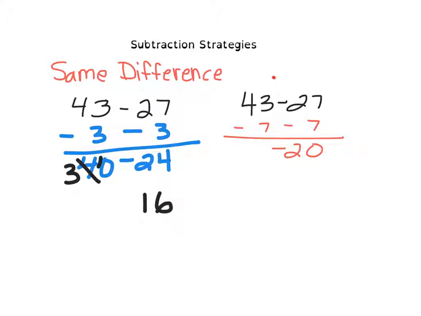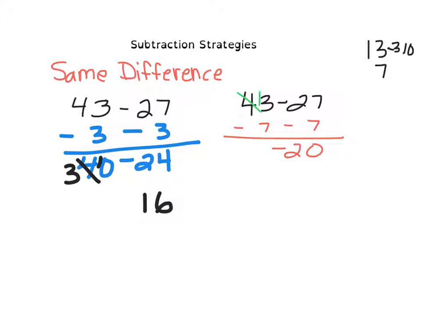And this is what I was showing you with my hands in class. Or maybe I didn't show it to you with my hands in class if I didn't have you in class. But we're going to borrow. This is going to be 13. I'm going to use that same difference with just the 13 and the 7. I'm going to make our top number into a whole number by subtracting 3.